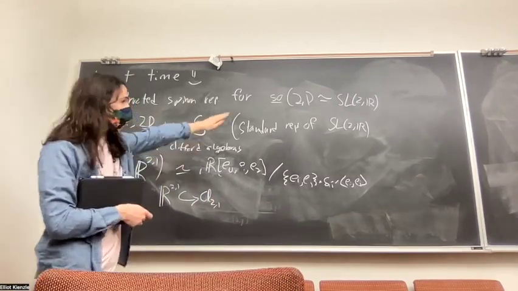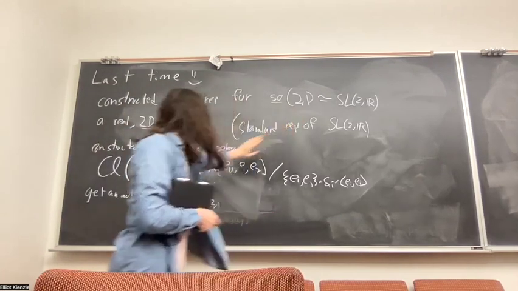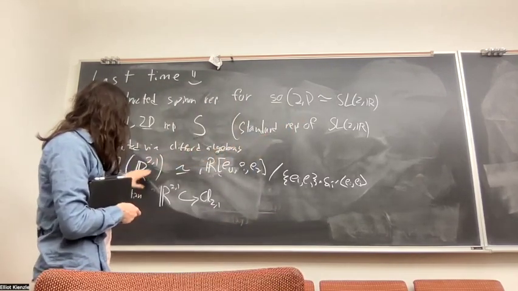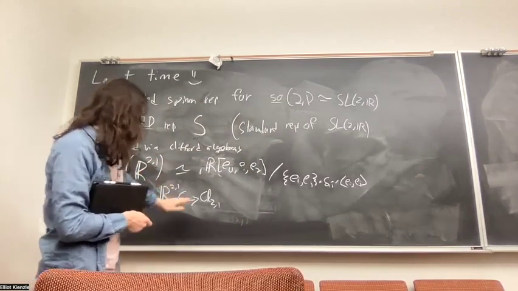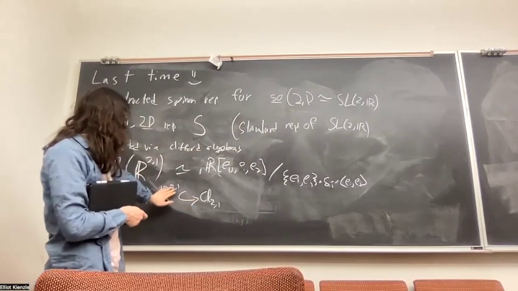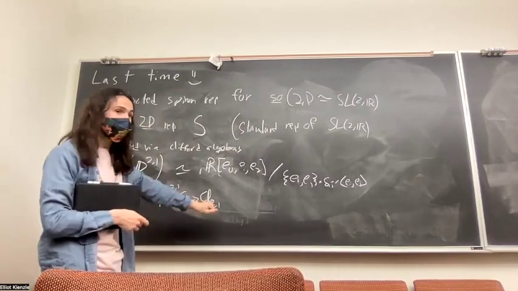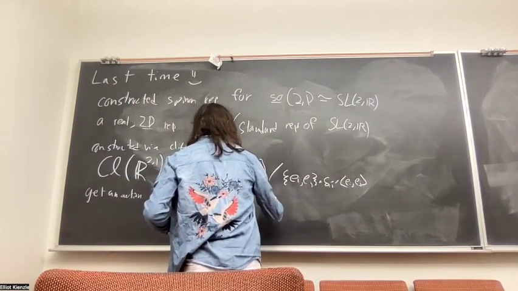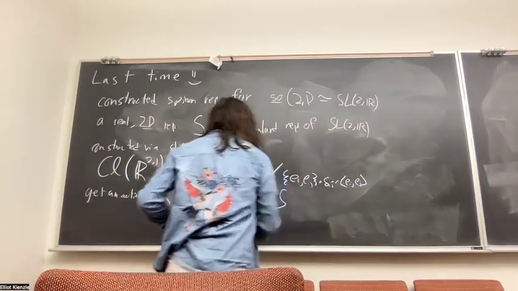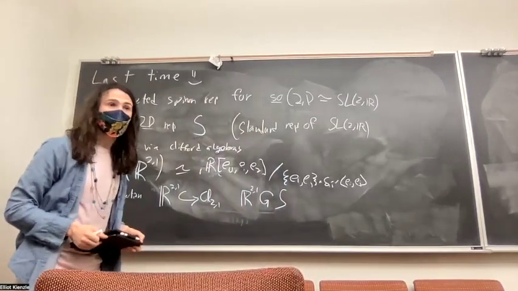This spinor representation comes from SO(2,1), but it's induced by multiplication in the Clifford algebra. Since every vector sits inside the Clifford algebra, we actually have an action of R^{2,1} acting on S just by Clifford multiplication.